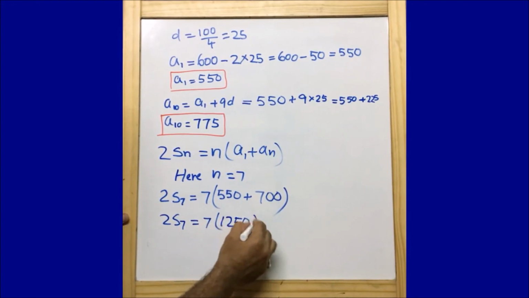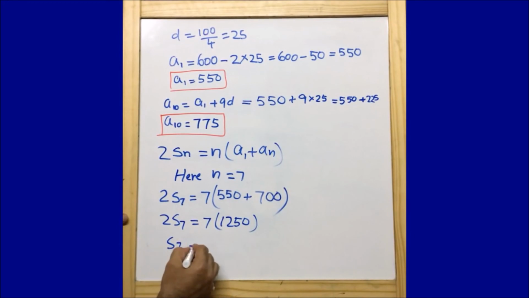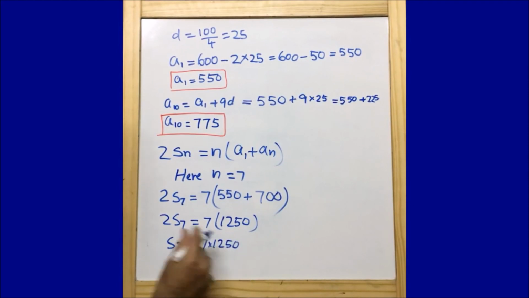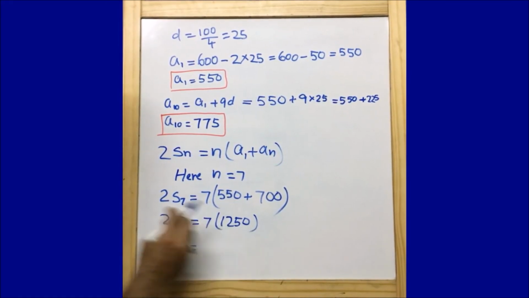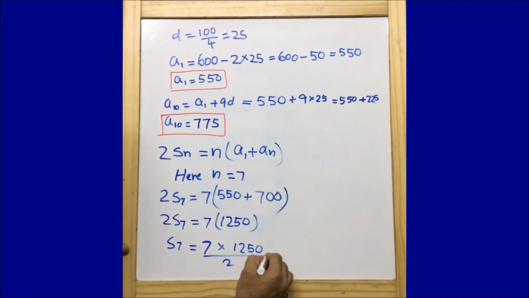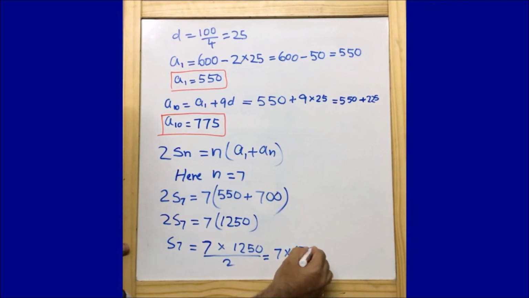Or I can write S7 is equal to 7 into 1250 by 2. So that is equal to 7 into 625.